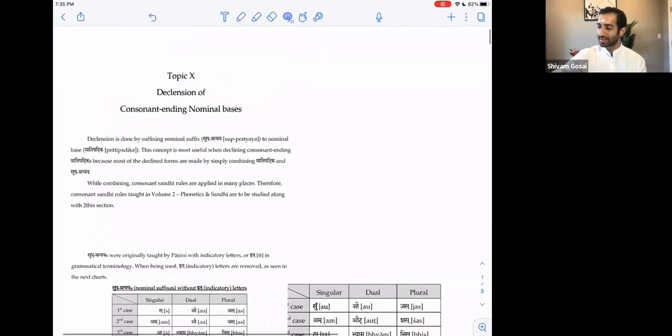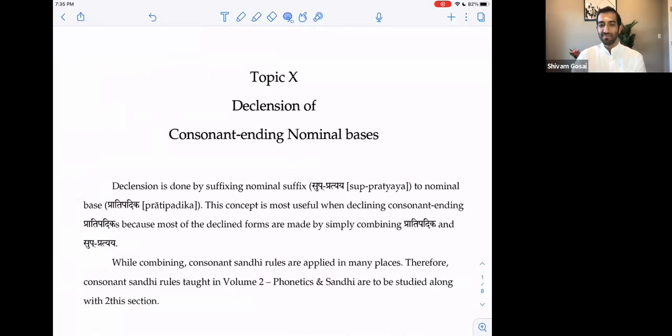Yeah, so you'll see it looks like this, topic 10. And this topic 10 is really, I think, a distinguishing point in this book, because this is where we get into more intermediate Sanskrit. Not that it gets harder from here, but if you made it this far, then you're past beginner stage.